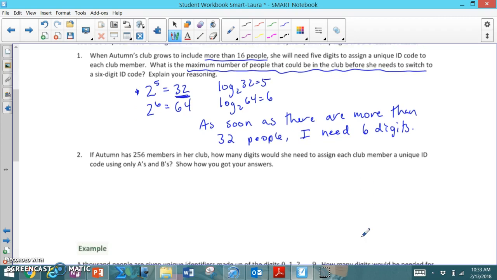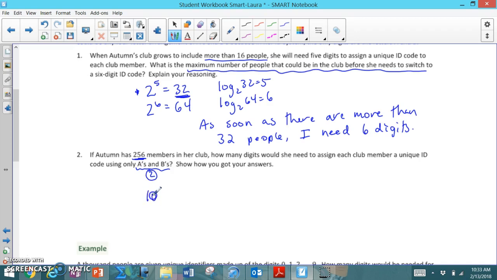Number 2 says, if Autumn has 256 members in her club, how many digits would she need to assign each club member a unique ID of A's and B's? So again, the fact that I can only use 2 letters, I'm asking myself what power of 2 is 256.